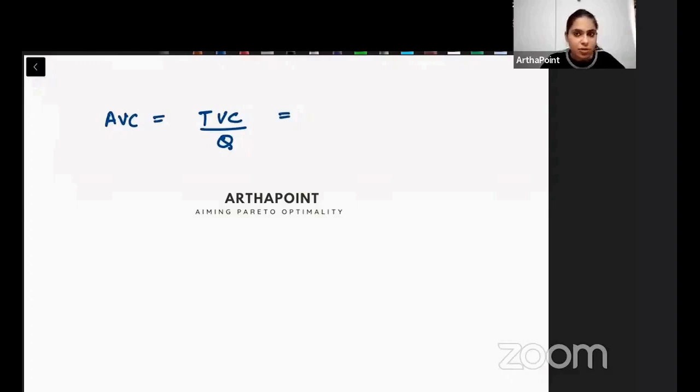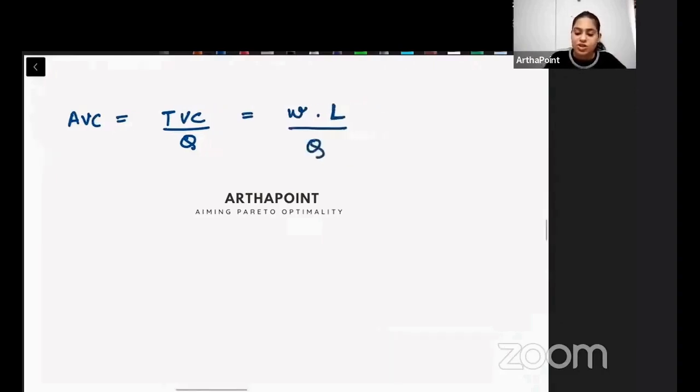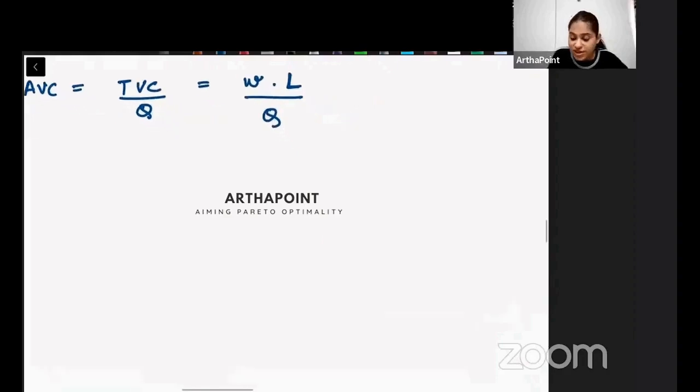What is your variable input? Labor. So each unit of labor gets W and I am incurring on L units of labor. This is my total variable cost divided by the quantity. So the wage rate that I am giving is 140, the number of labor is 100, divided by Q.